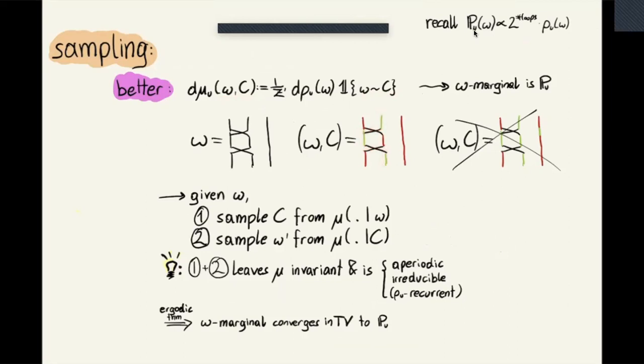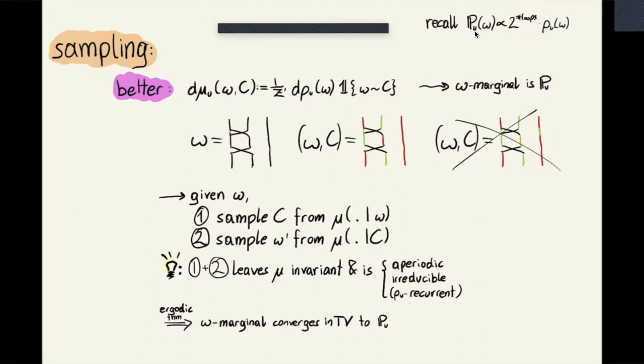So to each loop, we assign exactly 1 out of 2 colors. This gives us a freedom of 2 to the number of loops, hence getting rid of this factor here. And what we get in return is, however, this requirement that the coloring needs to be compatible with omega. So you see here, one loop has 2 different colors, so that's not admissible. So it is not compatible.